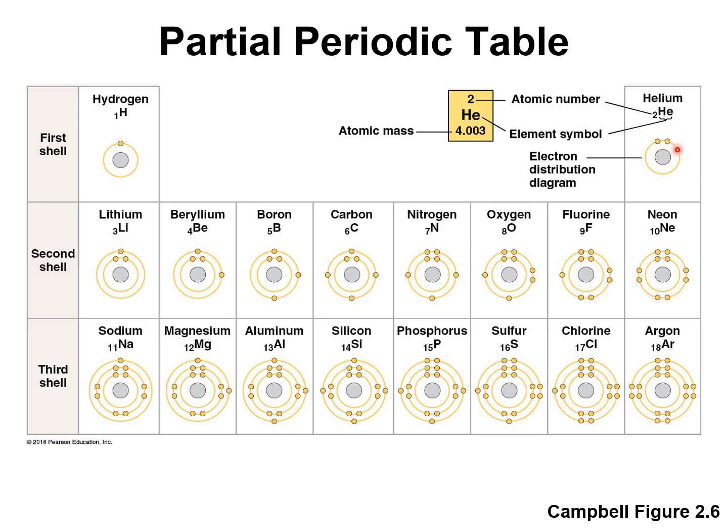It has that magic number of 2 in the first shell. Neon has a full valence shell. It has 8 in that second outer shell. Argon also has that magic number 8 in that third valence outer shell. And so they're not going to react and form chemical bonds with the other elements.